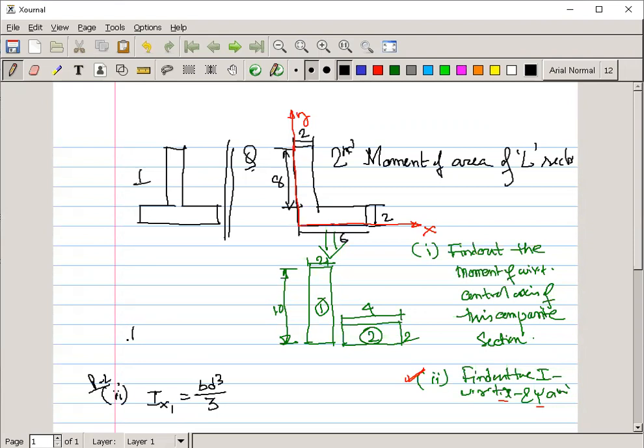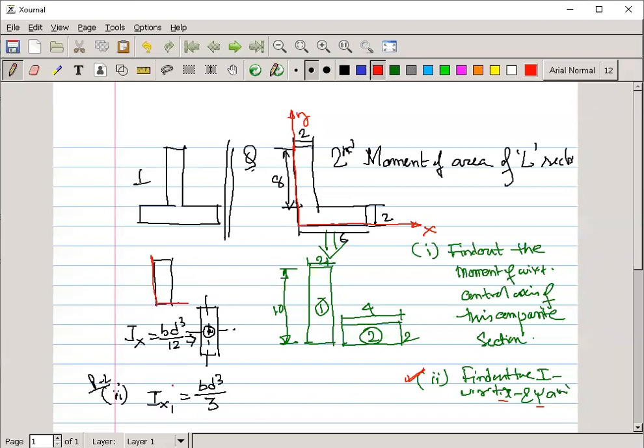When we say I of x equals BD cube by 12, it means we have found the moment of inertia with respect to the centroidal axis, that is, with respect to its center. But when we have to find the moment of inertia of the same rectangle with respect to any edge, then it is BD cube by 3.